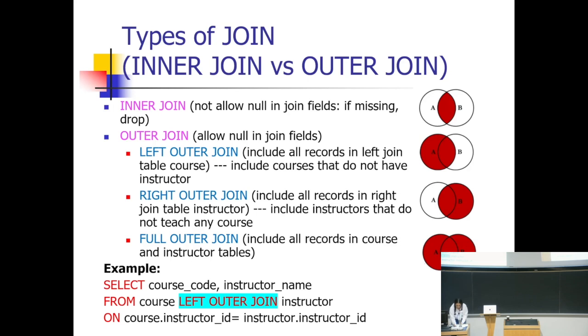And this column 1, column 2, most of the time is the foreign key and primary key in another table, right?